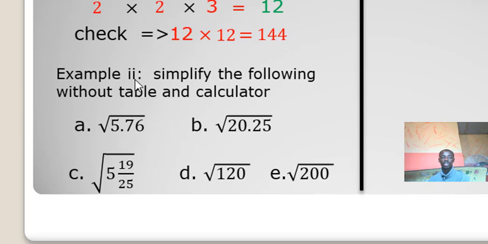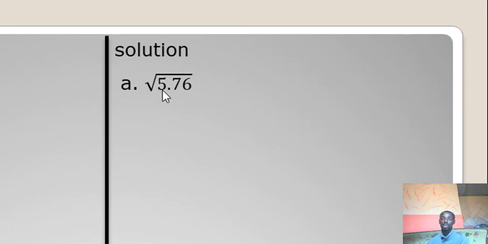We're going to be simplifying this without the use of a calculator or table. So the first one, we want to simplify root 5.76, and root 5.76 converted to a fraction can be expressed as 576 divided by 100. How? The place value of the last digit here, 6, is hundredths.